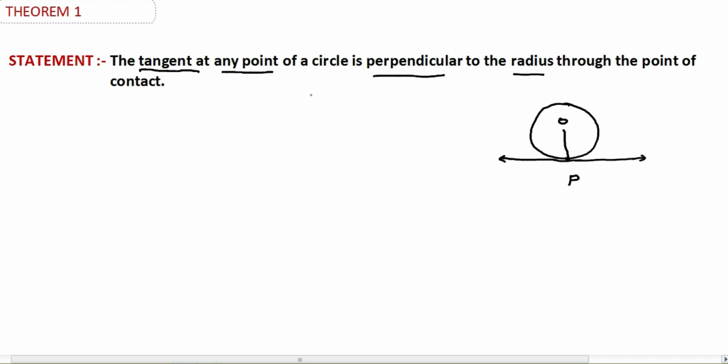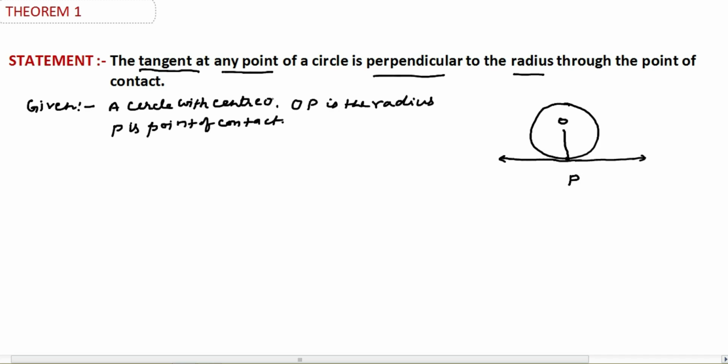Now come to the statement: a tangent at a given point of a circle is perpendicular to the radius through the point of contact. The point of contact is P. So what is given? Given is a circle with center O, OP is the radius, and P is the point of contact.